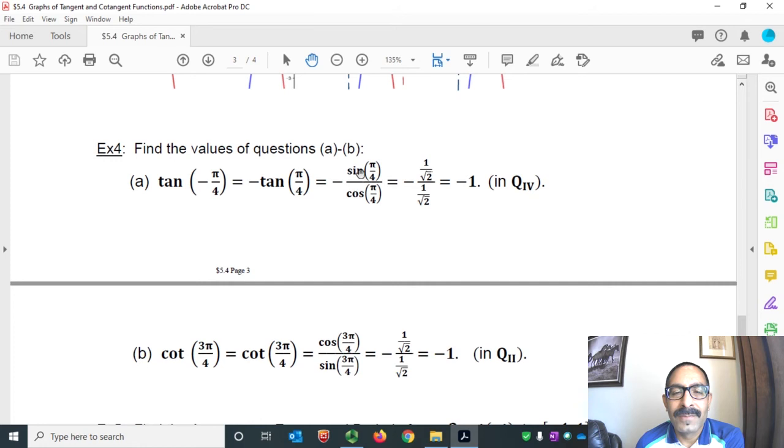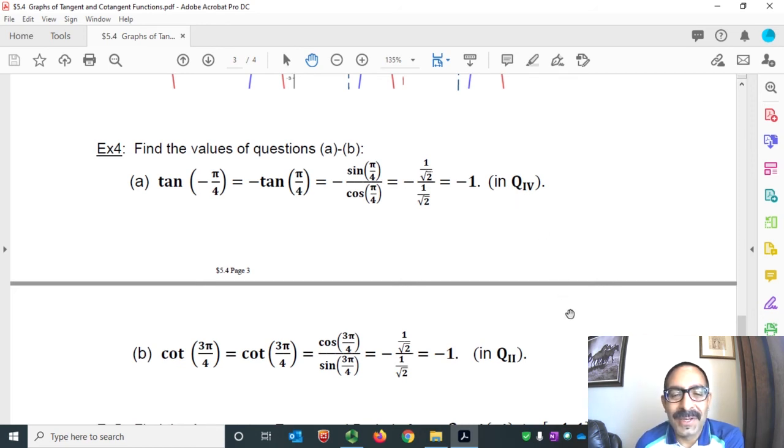We know sine π/4 is 1 over radical 2, and cosine π/4 is 1 over radical 2. They cancel out, giving us negative 1. So tangent of negative π/4 is negative 1. By the way, this lies in the fourth quadrant.